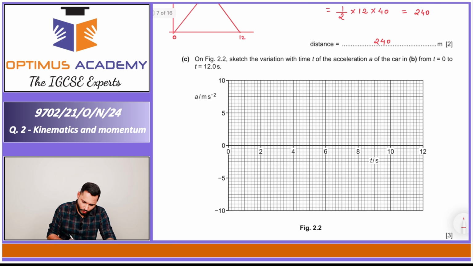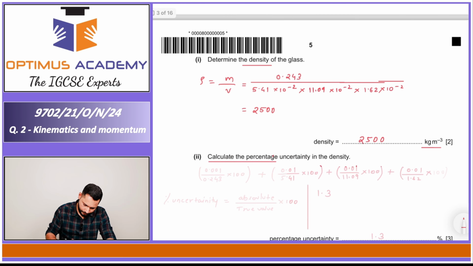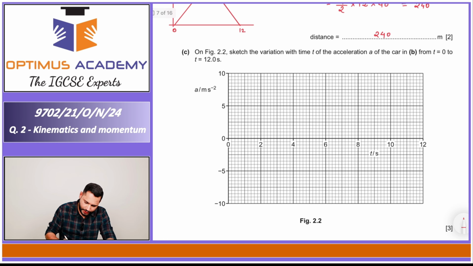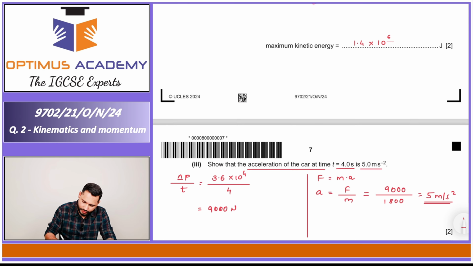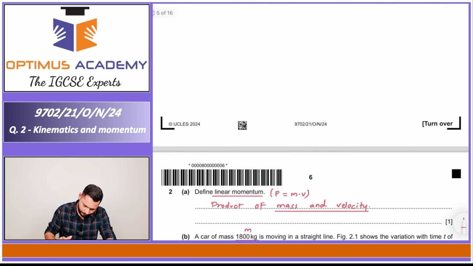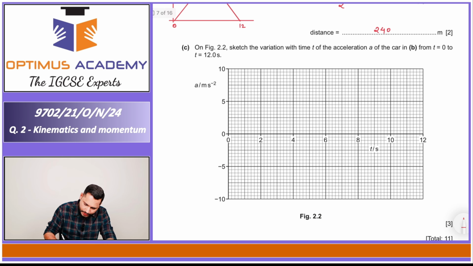Next question, on figure 2.2, sketch the variation with time t of the acceleration a of the car from 0 to 12 seconds.